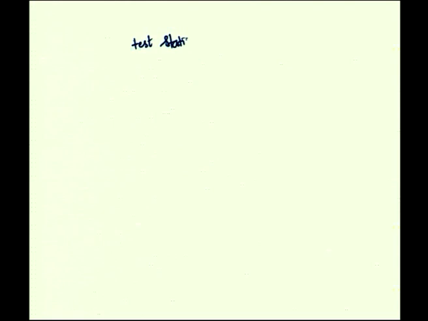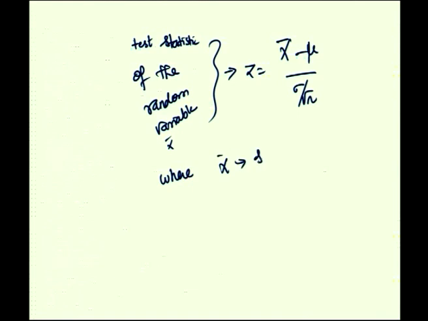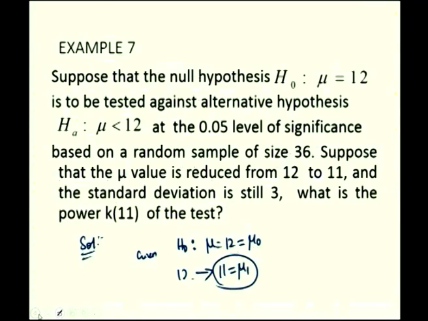Now, the test statistic is z equal to x bar minus mu divided by sigma by root n, where x bar is the sample mean and mu is mu naught equal to 12, sigma is 3, the standard deviation, and n is 36.